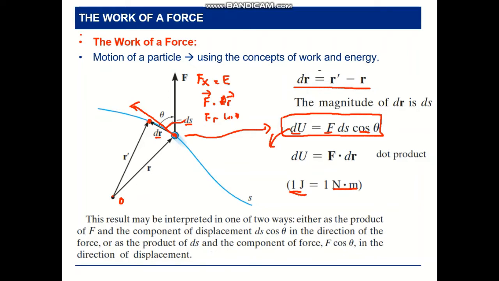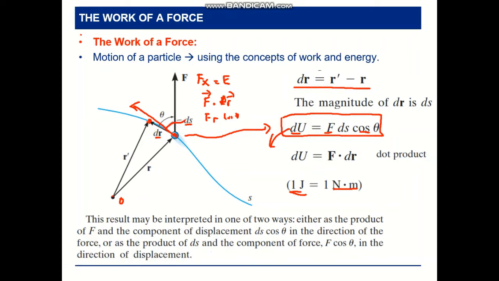So this result may be interpreted in one of two ways, either as the product of F and the component of displacement, ds cosine theta. If you do that product, it is i multiplied by i, j by j, k by k in Cartesian coordinates, with the coefficients.